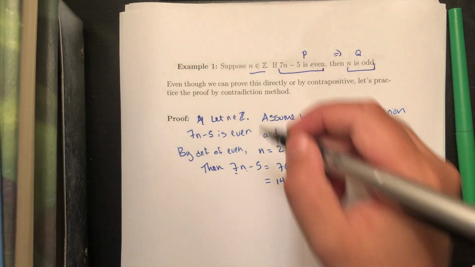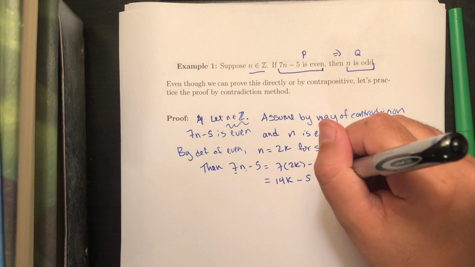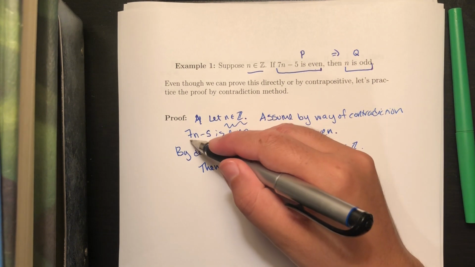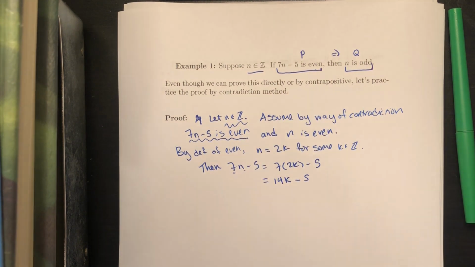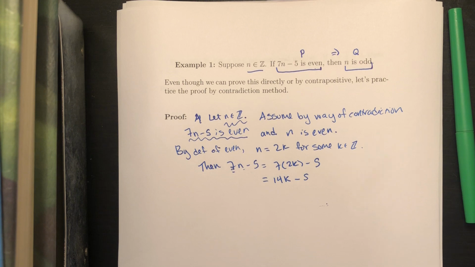We could either find a contradiction that n's an integer by somehow showing n's not an integer, or we can show 7n minus 5 is even as a contradiction. So if we can show that 7n minus 5 is actually odd, that will be a contradiction of our assumption that it is even. So can we express this as an odd integer? So 2 times an integer plus 1 or minus 1?